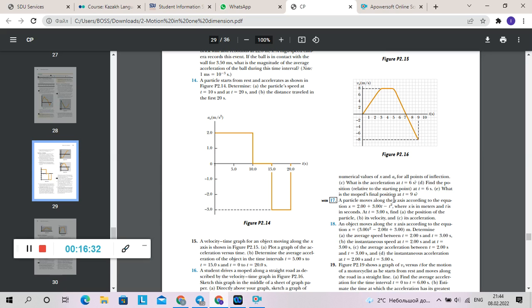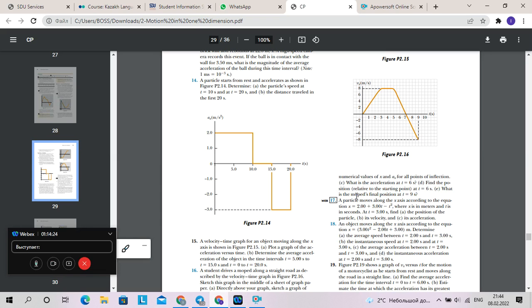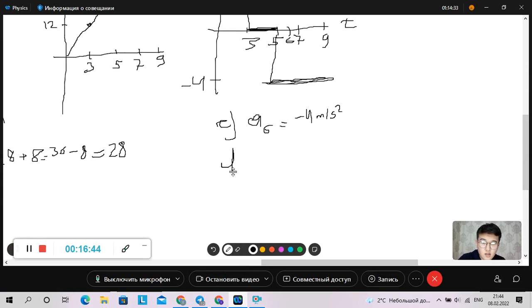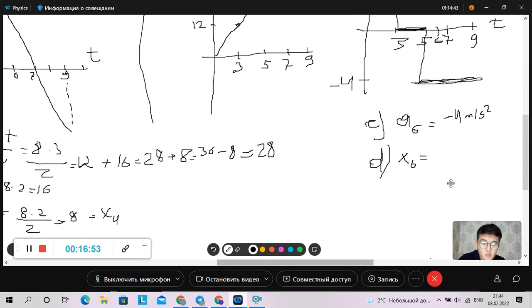And the D question: what is the position at 6 seconds? We can show it in the graph.